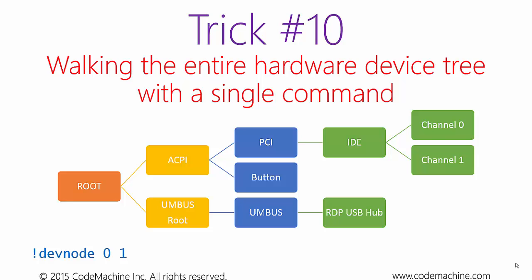If a hardware device is enumerated successfully, the system creates the corresponding dev node structure and adds it to the appropriate place in the device tree. The kernel debugger's !devnode command can be used to display a specific dev node in this device tree. Running the command !devnode 0 1 displays the entire device tree starting at the root. Let's run that command in the kernel debugger.